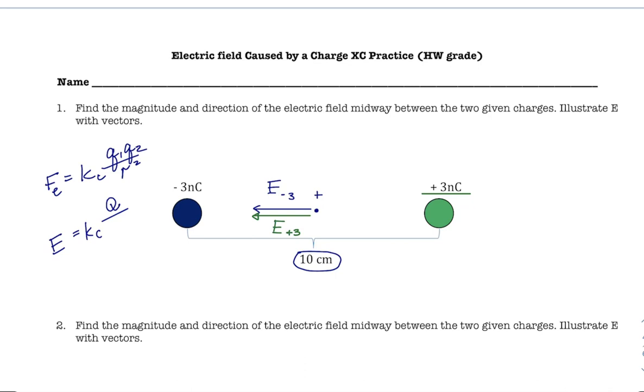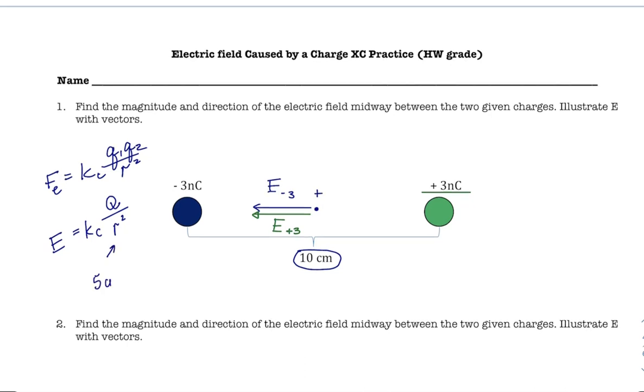So that's the mothership, if you will. And the distance to that charge from the point you're looking at. So in our case, since the charges are 10 centimeters apart and it's midway between them, then this will be 5 centimeters. And then when you convert that, remember you have to convert to meters, that will be 0.05 meters.